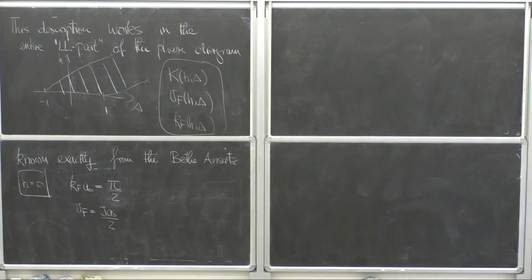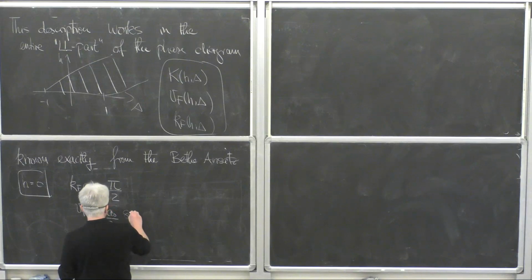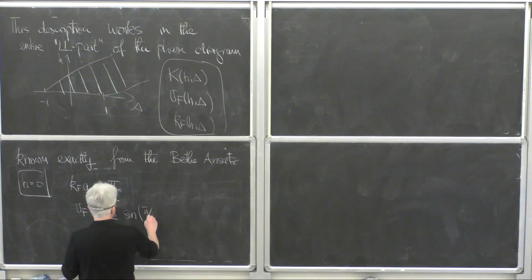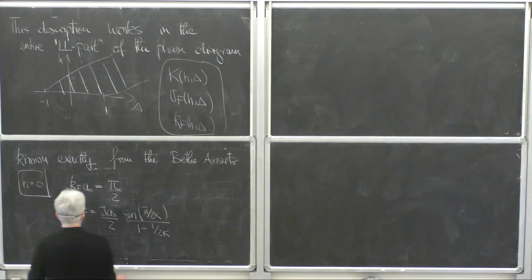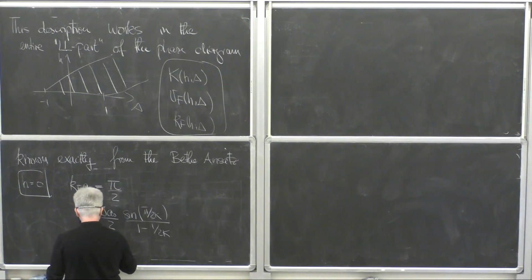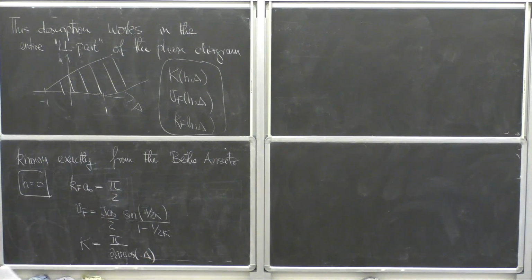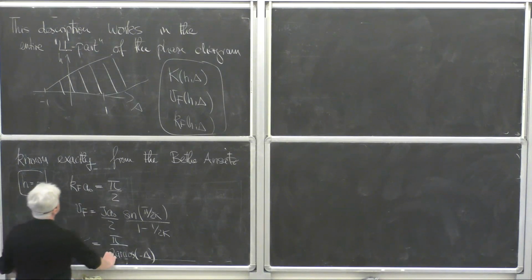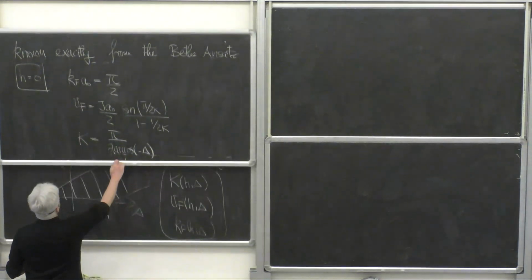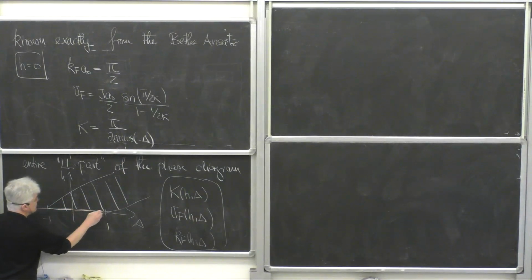You see the only thing that appears here is the combination J a_0, because in the scaling limit J goes to infinity, a_0 goes to 0, but this is kept fixed, times sine(pi/2K) divided by 1 minus 1/(2K). And finally, K is just pi divided by 2 arccos(-delta). So these are exact. And this basically tells you what the Luttinger liquid description is along this line here.